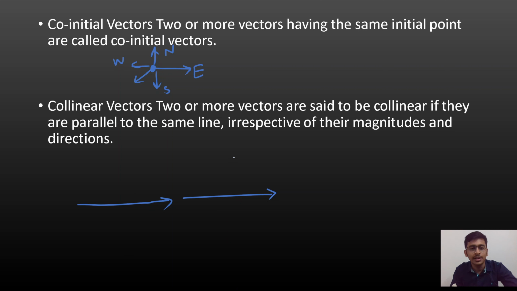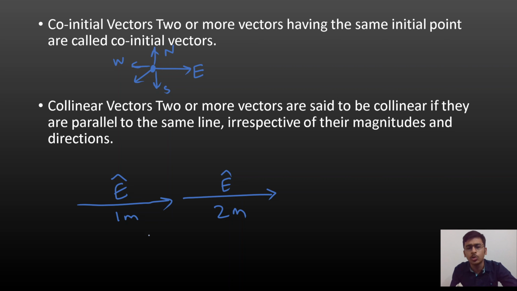Because they are parallel, right? This is also in the east direction, this is also e cap, and this is also e cap, so they are collinear vectors. Obviously their magnitudes can be different. This can be, let's say, 2 meters east, this can be 1 meter east, but essentially they are still going in the same direction, so they are collinear vectors.